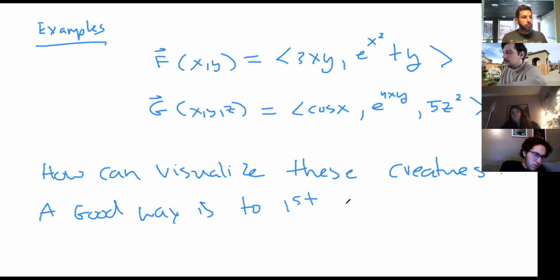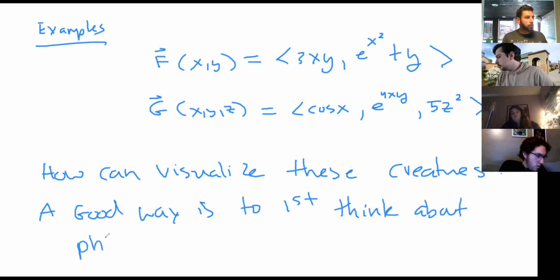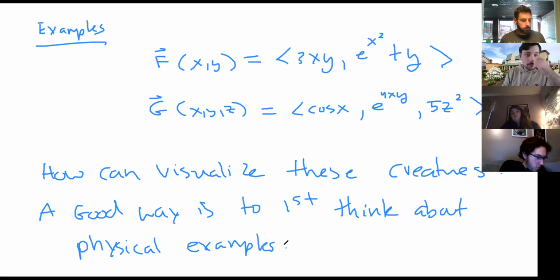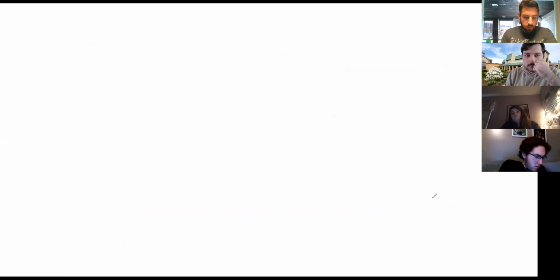So the first thing I would do is think about physical examples. What I'm going to do on the next page is write these down. So the first one I'm going to give you is the following.